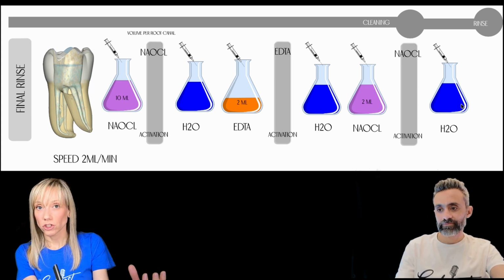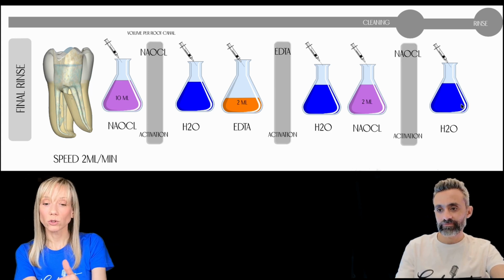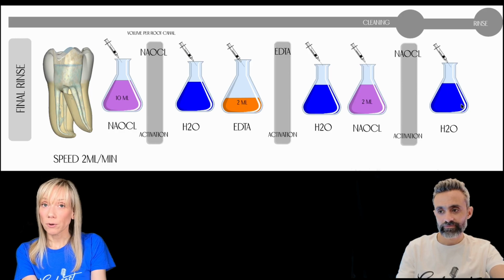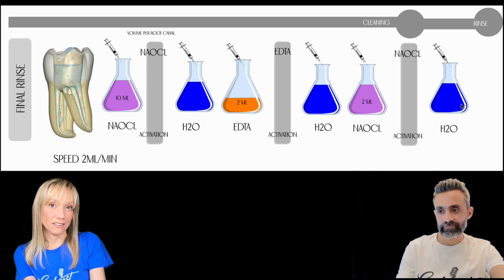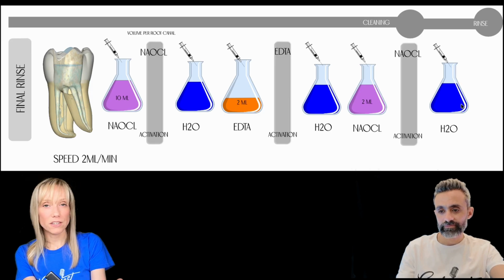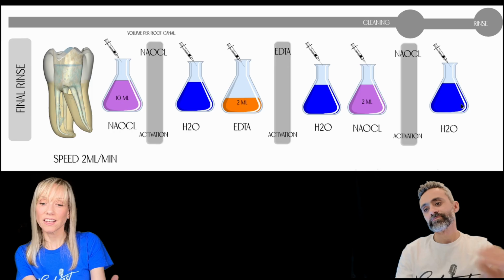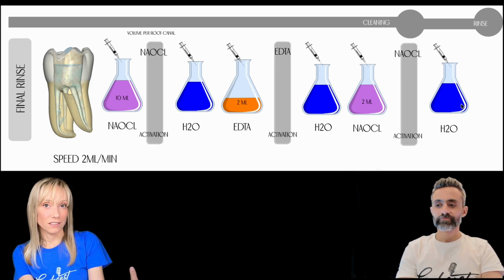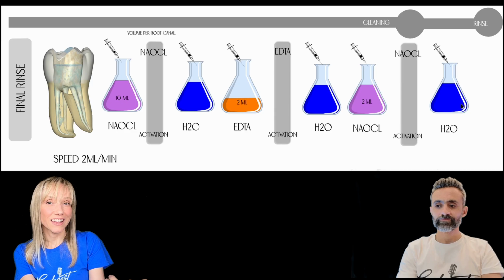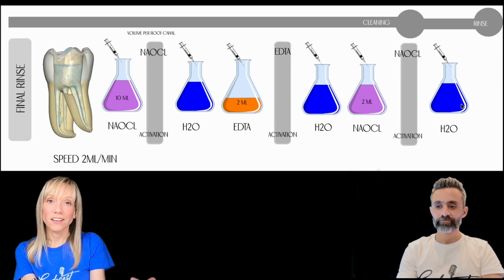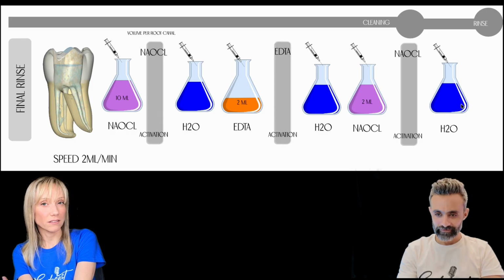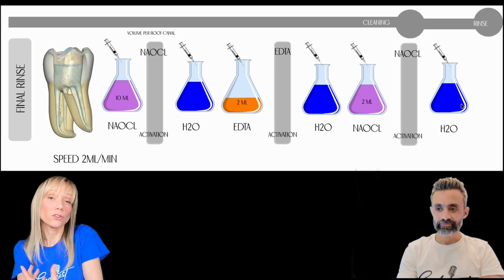We can just wash out all the sodium hypochlorite with distilled water and use a couple of milliliters of EDTA per root canal, delivered in the same way, activated in the same way. And then we know that since EDTA opens the tubules, if we do one more passage of sodium hypochlorite after this, it's going to go deeper.